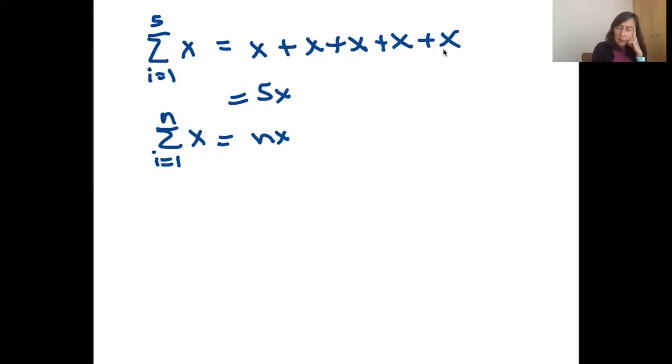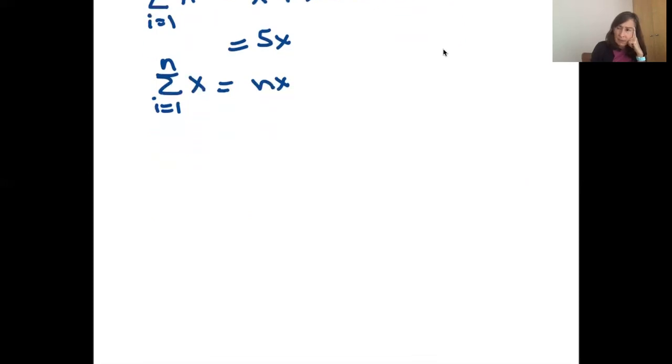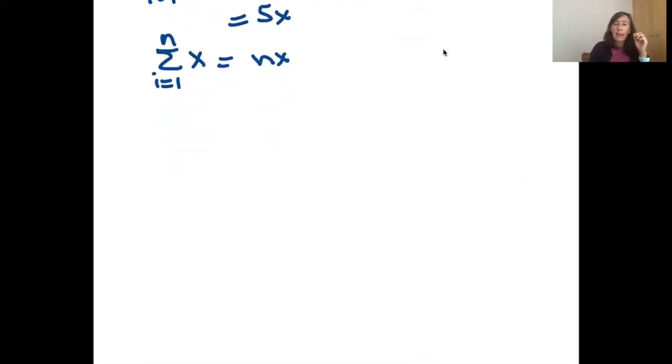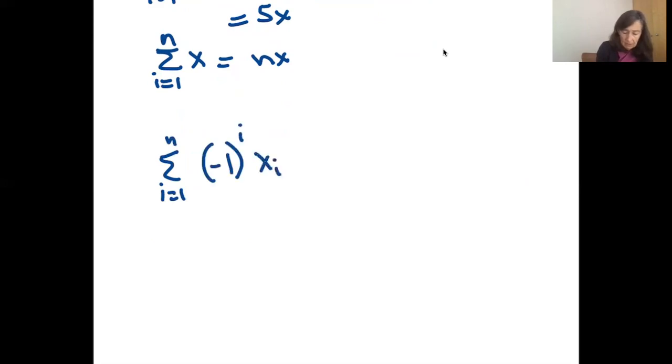The last thing I want to point out, we saw a hint of it in one of our examples before. When we have summation notation and we're seeing powers of -1, what that's telling us is that the sum is going to be something where you've got sign switching. So let me just show you what I mean here. We have the sum as i goes from 1 to n of (-1) to the power i times xi.